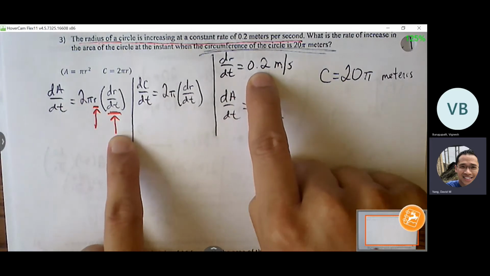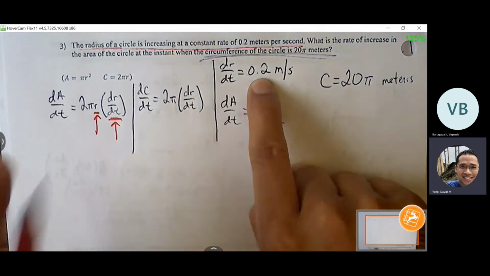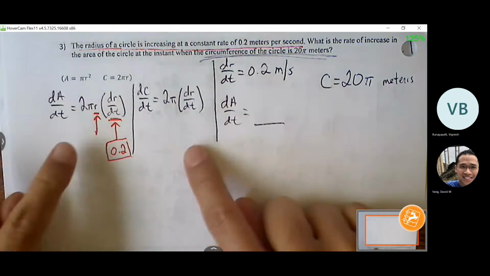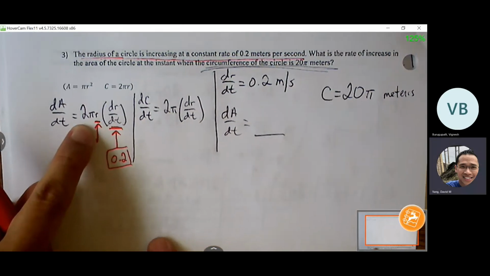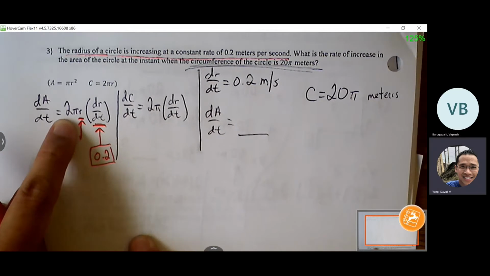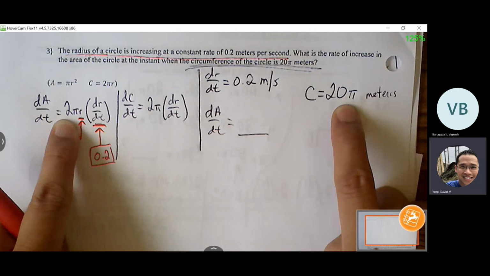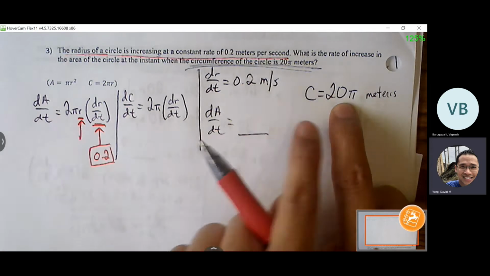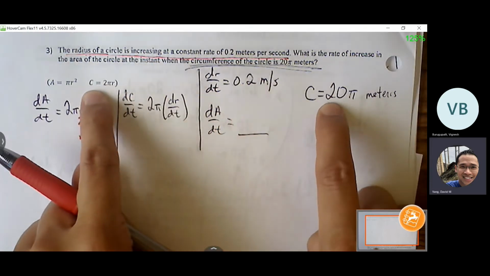So dr dt, that's nice and ready for us. But I don't know radius. Is there a way for me to get to radius? Good. So my link is circumference equals 2 pi r.